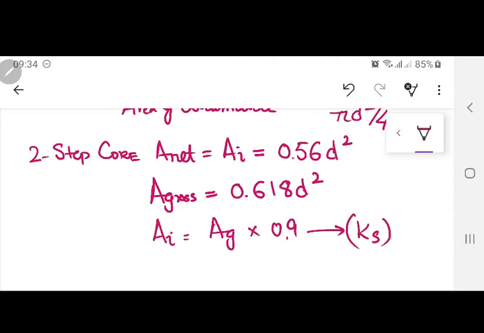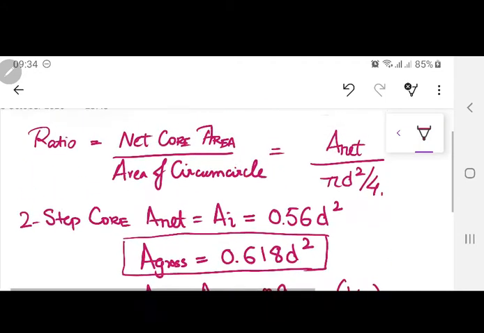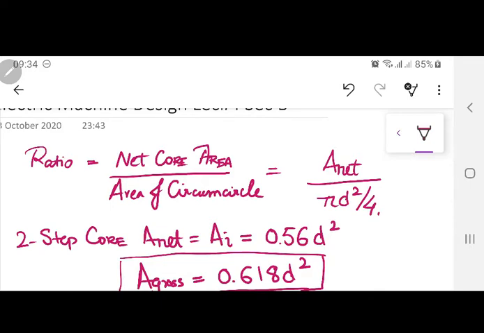Now 0.9 is not fixed, it can be changed in any equation, whatever you are working on. So the actual formula you need to remember for a 2-step core is 0.618 d square. I'm taking this from page number 217 of chapter number 7, R.K. Agarwal book.